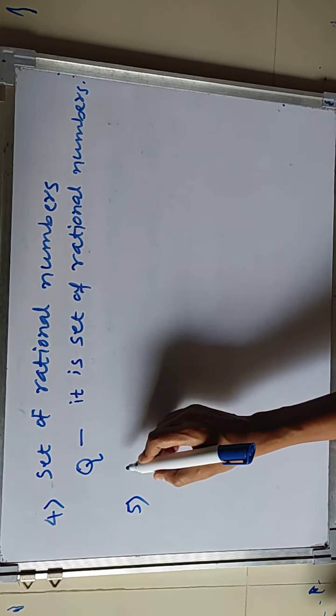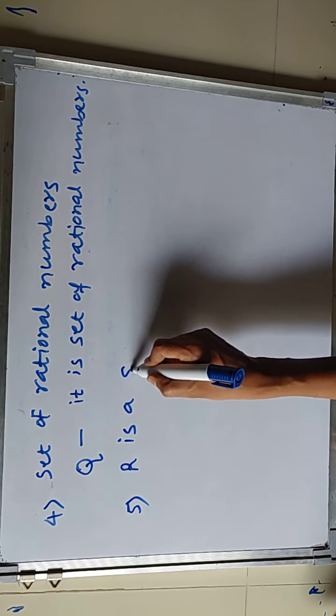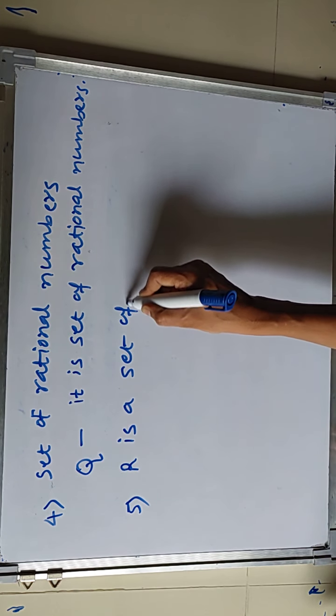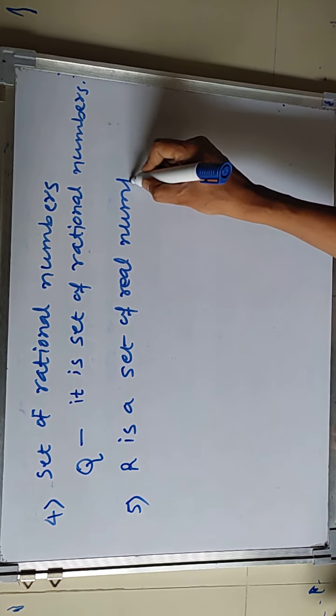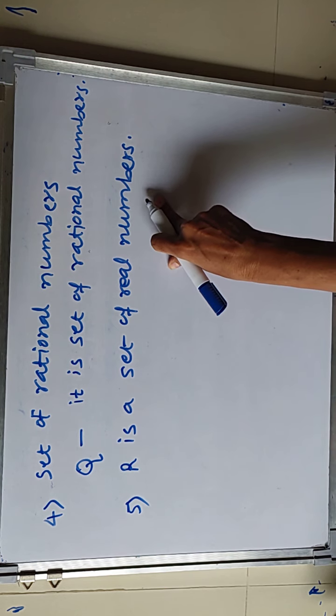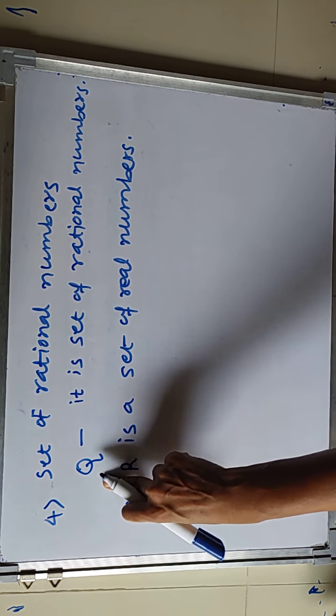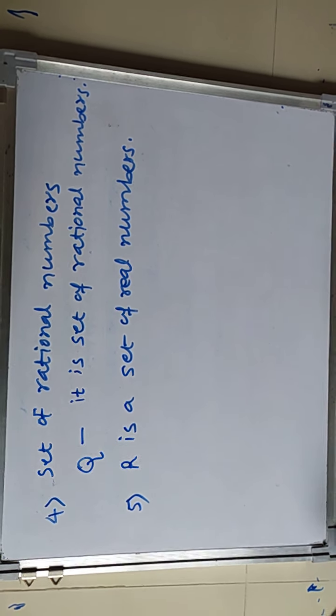Then R is a set of real numbers. Capital R denotes a set of real numbers. Similarly, capital Q is a set of rational numbers.